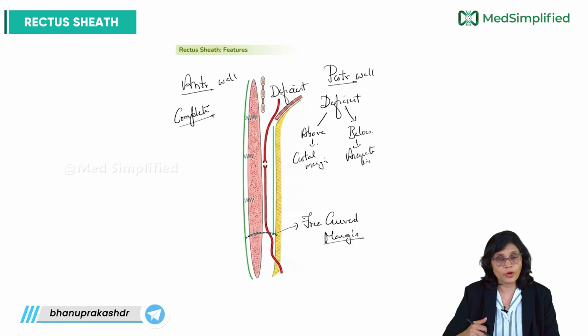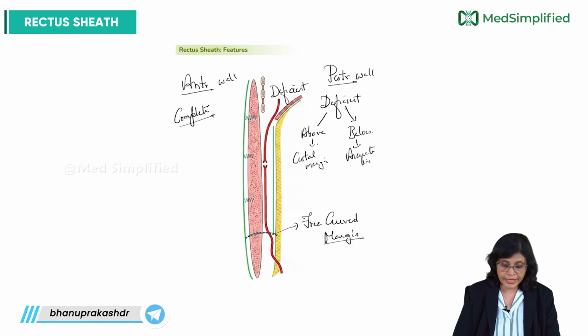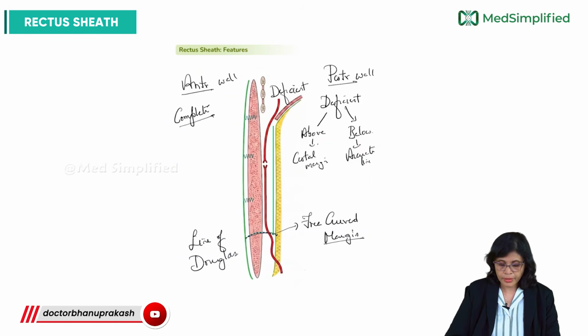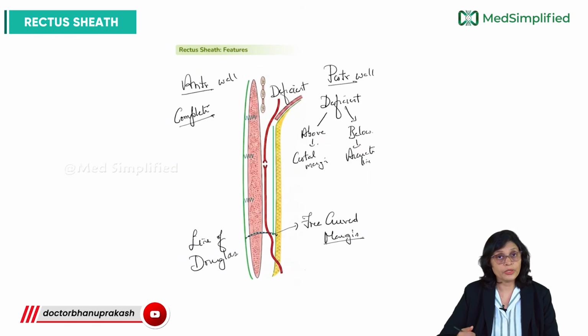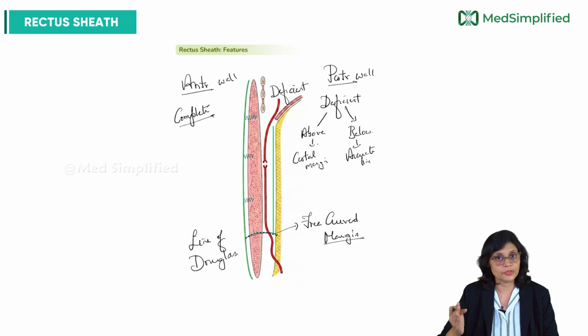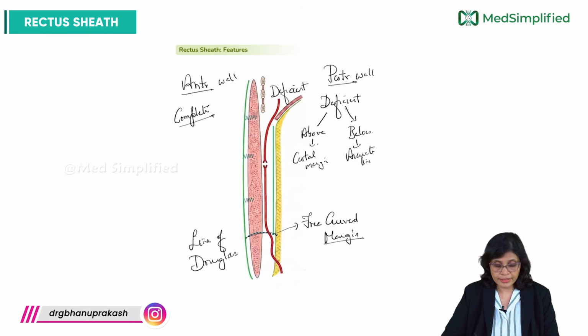This margin we call the arcuate line, which has one more name, the line of Douglas. Below this level, again the posterior wall is deficient and the rectus abdominis muscle will be in direct contact with the fascia transversalis.